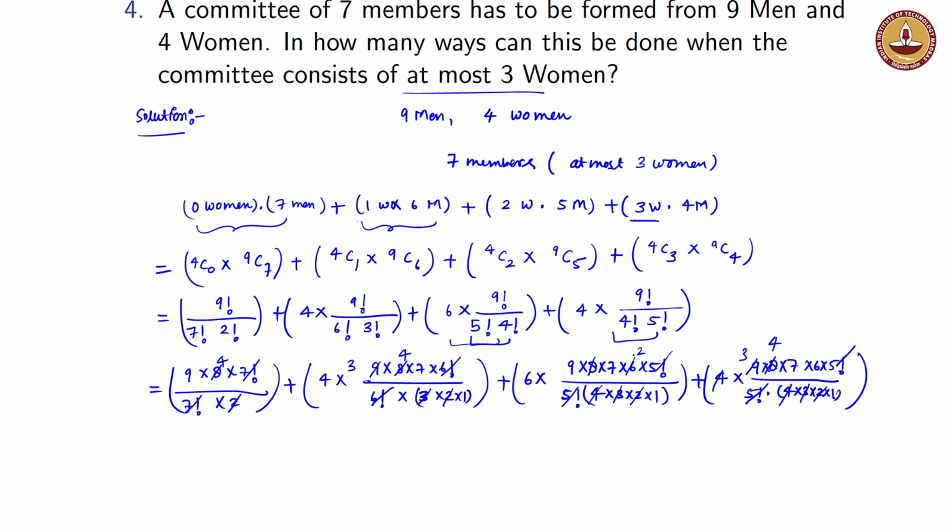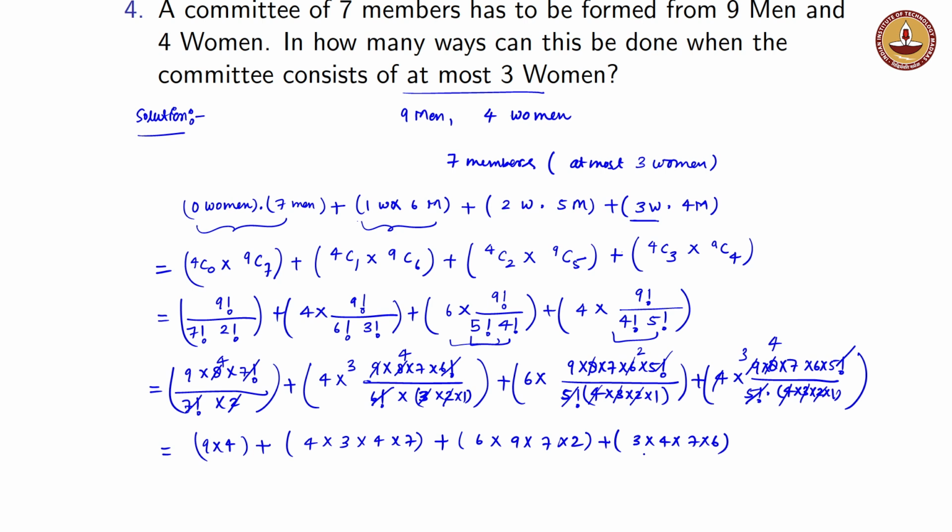So now it will be 9 into 4, and we write the remaining part: 4 into 3 into 4 into 7, plus here we have 6 into 9 into 7 into 2, and then 3 into 4 into 7 into 6. Okay, so we have to solve this part.